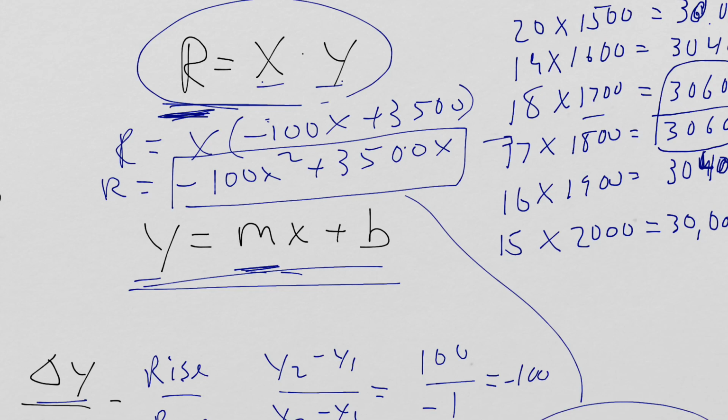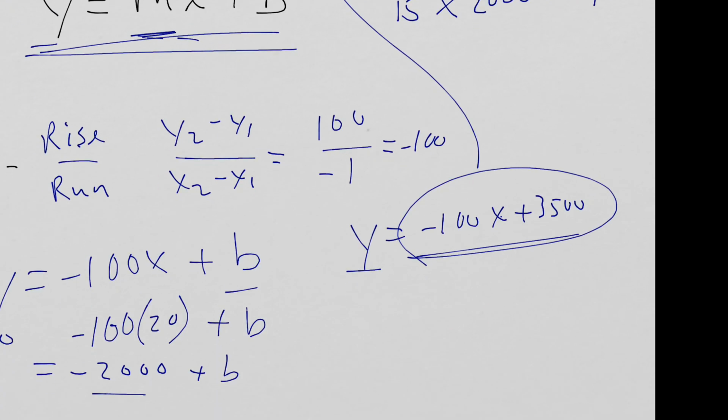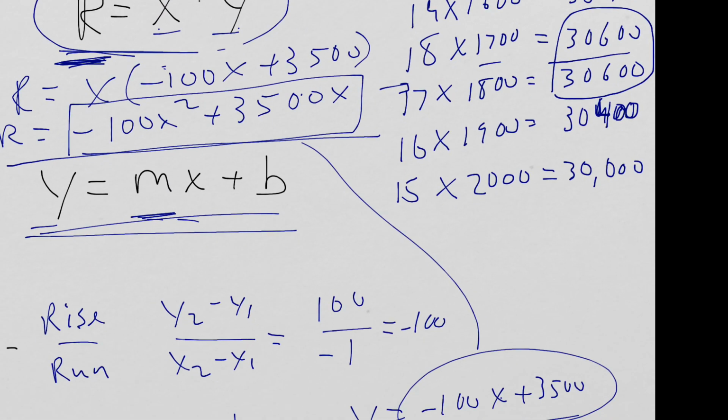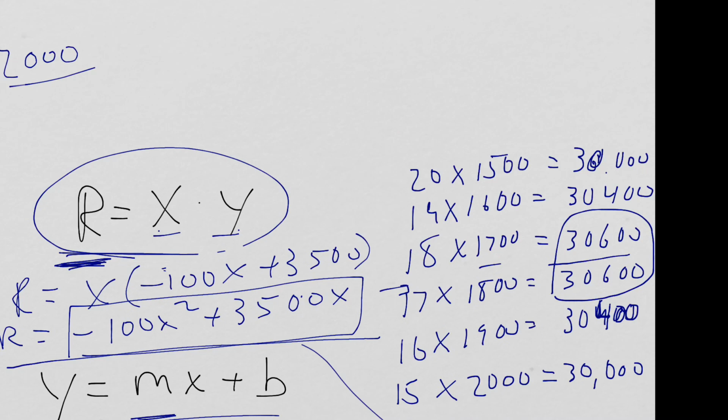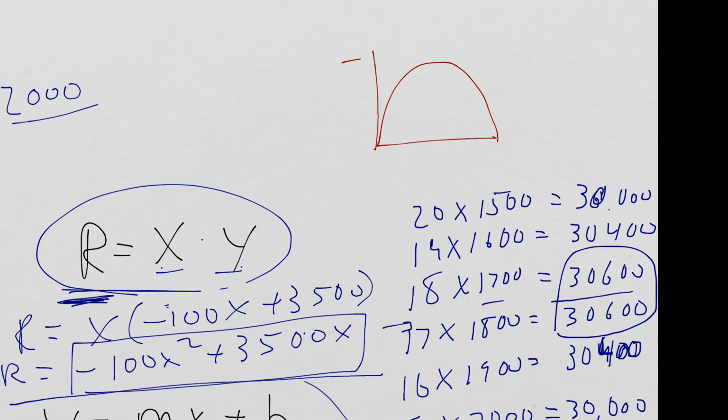Now, I can put this into my calculator, and it's going to look something like this. If I zoom out enough, or if I adjust it, you're going to find that this height right here is going to be somewhere around these numbers.